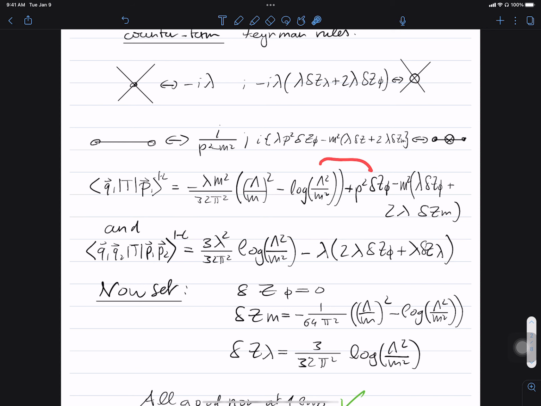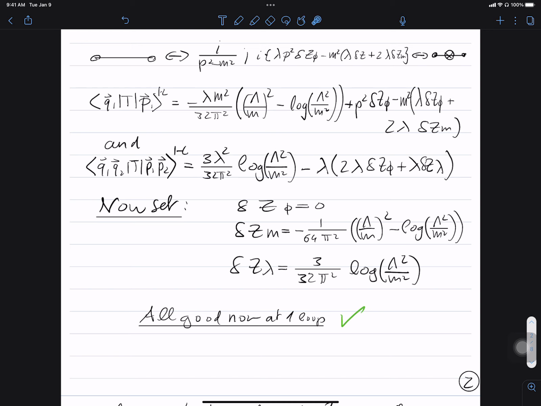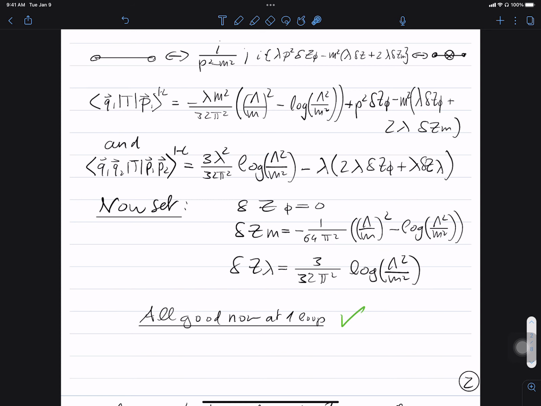The same can be done here, and I will just show you what the choice of these regularization parameters is to have finite results. A possible solution is setting the wave function renormalization to 0 and the mass and coupling constant renormalization parameters to those values, such that you see explicitly they will cancel.